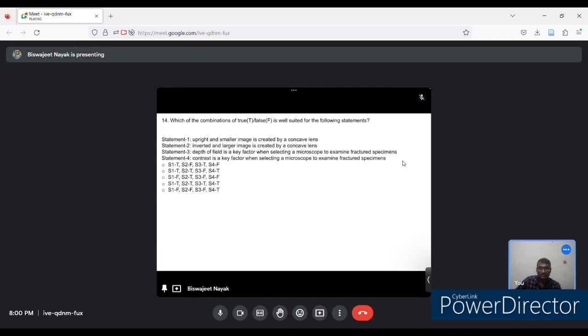Which of the combinations is well suited for the following statements? Upright and smaller image is created by a concave lens. So we will consider a concave lens, then it always gives us an upright image.